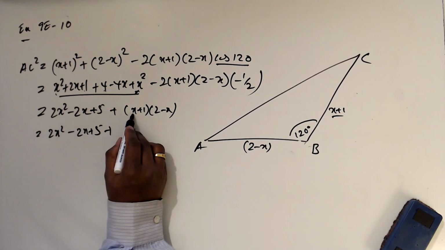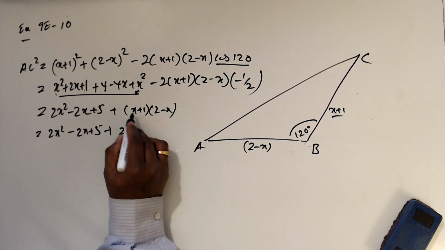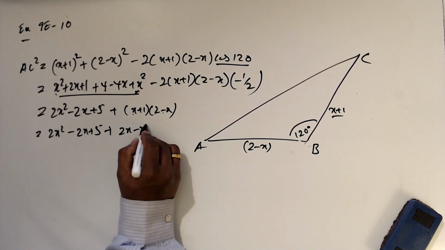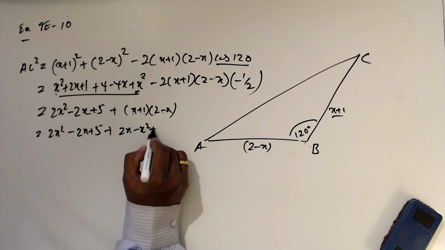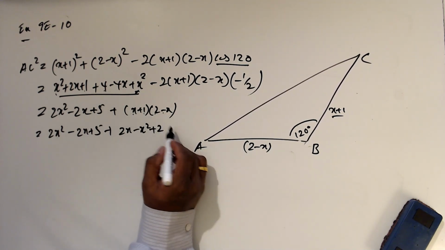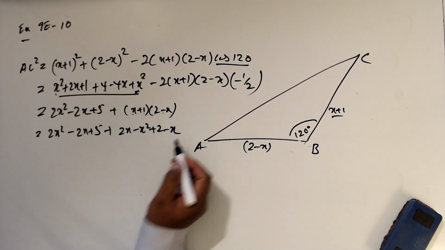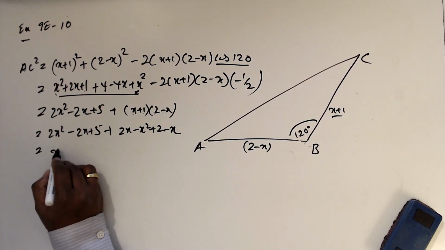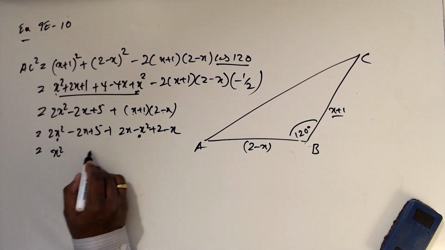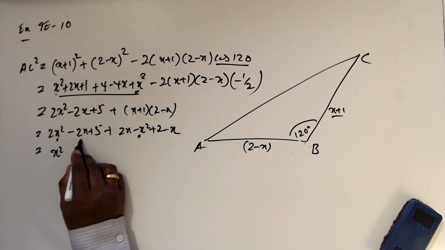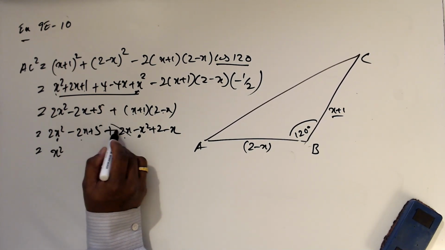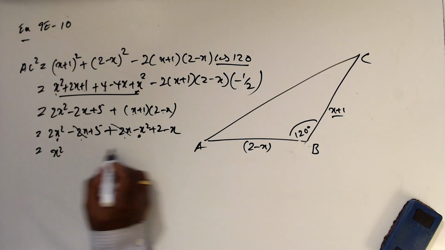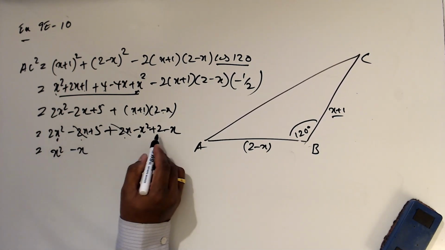Then I'll expand: x times 2 is 2x, x times minus x is minus x square, 1 times 2 is 2, 1 times minus x. So this is going to be x square. Then minus 2x plus 2x actually cancel out, and minus x remains.